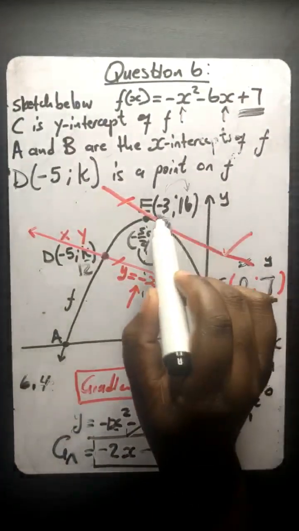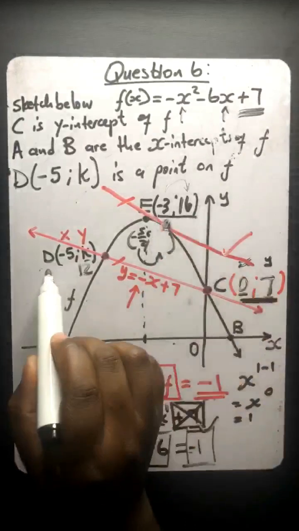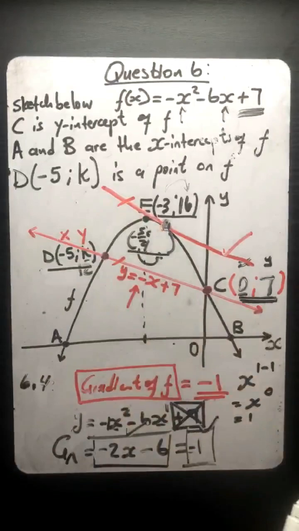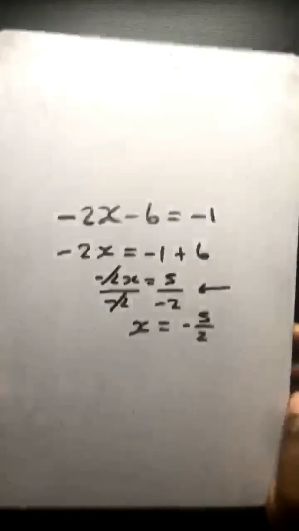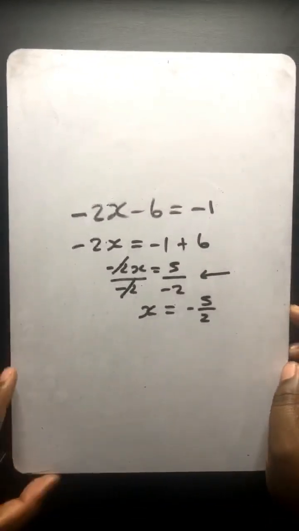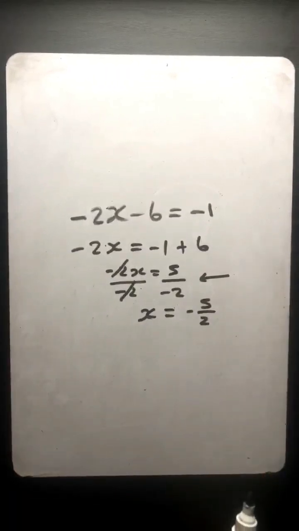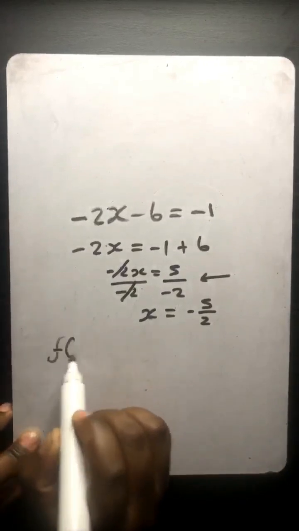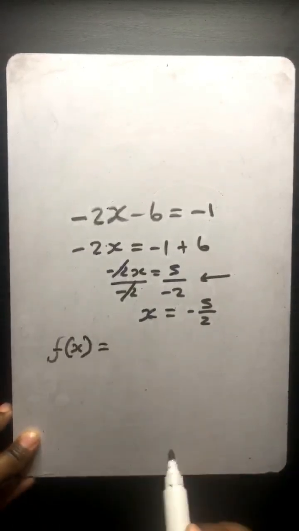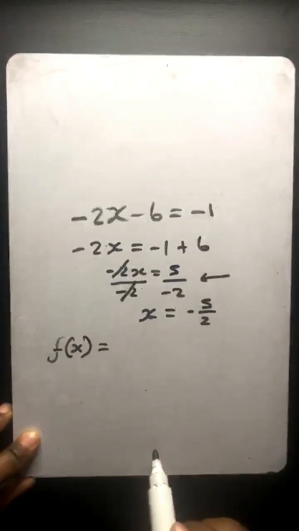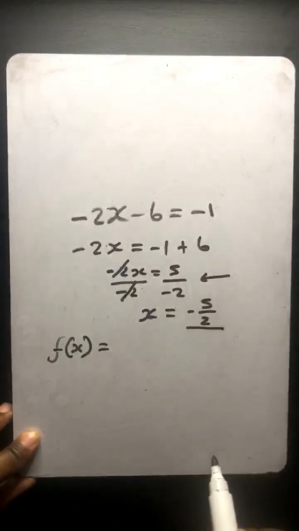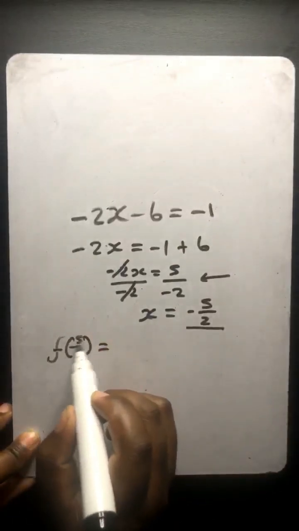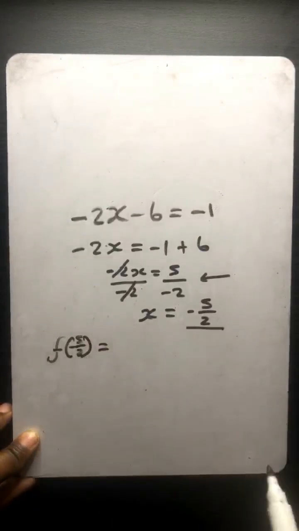Just like you did before, you still do the same thing. Can you see all that we have done is doable, but most importantly, you need to have a better understanding of how functions work. So we have the graph of f of x, which is equal to, and now remember, we know our x value is that. That is why sometimes you will see the examiner saying f of negative 5 over 2 is equal to.